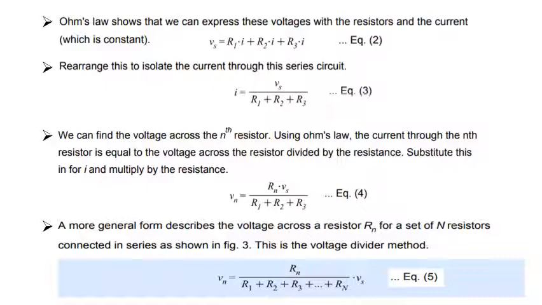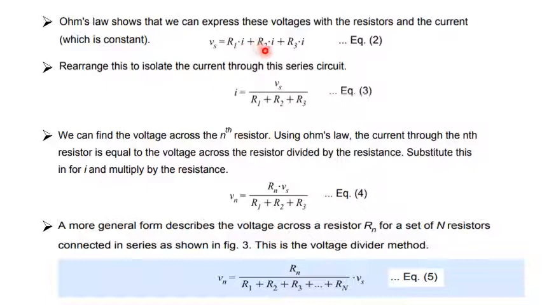Now rearrange the terms according to Ohm's law. The current is the same for all resistors. The voltage drop across the resistor R1 can be written as R1 into I due to Ohm's law.